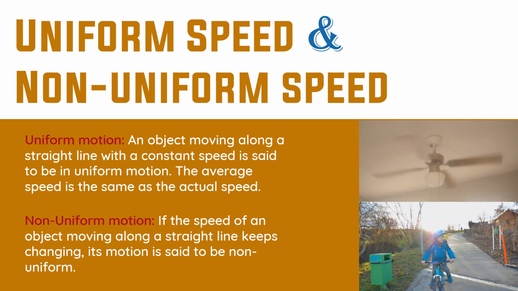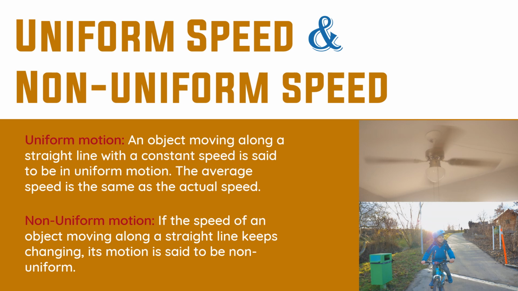Here also this movement is constant. Another example is the hands of a clock. These are all examples of uniform motion. And the revolution and rotation of the earth is also a uniform motion.